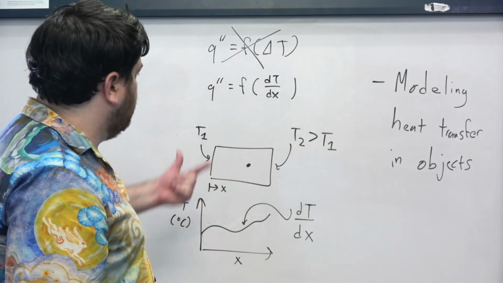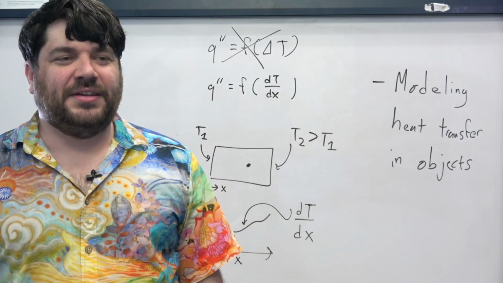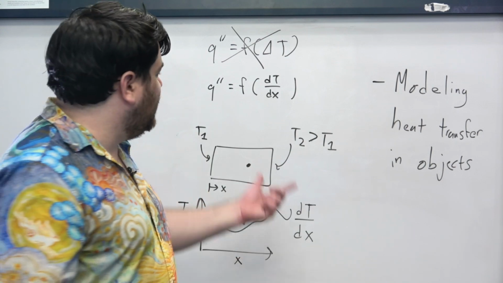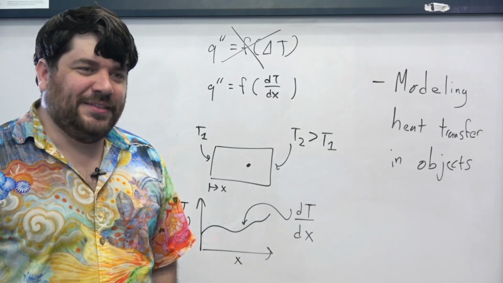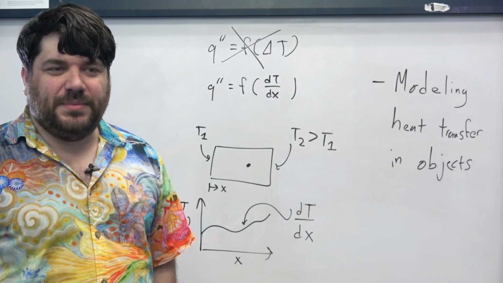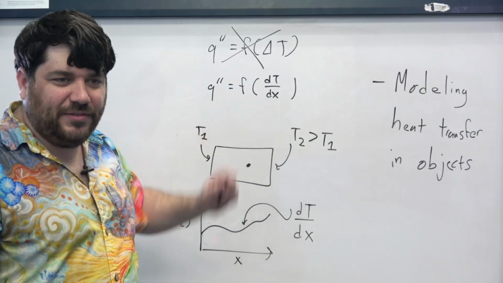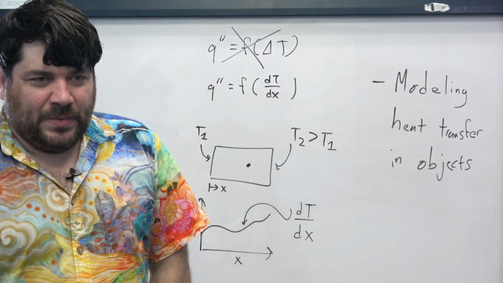So, now that we created this hypothesis, we can ask ourselves, how does this work? Notice that this should behave very much the same way that q double prime equals h times delta T should behave, at least in the sense that whatever the governing equation of this thing, whatever this f is, it should behave a lot like what this f was. Why?